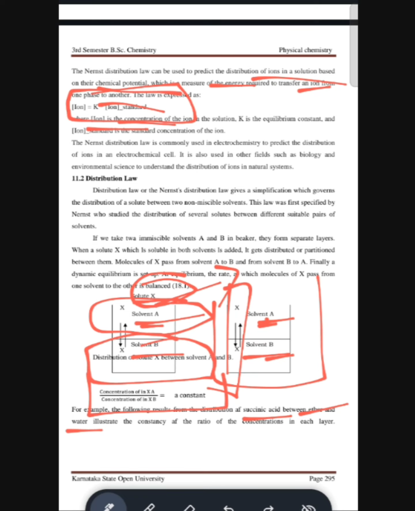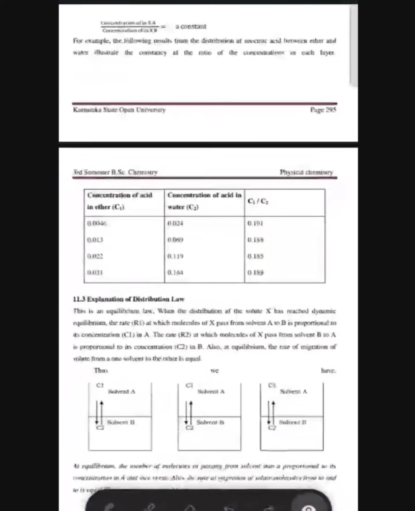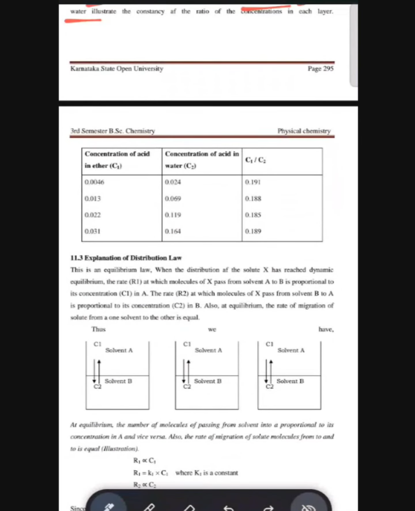So they have given a tabular column here: the concentration of acid in ether, these are the concentrations present after adding succinic acid, and the concentration of acid in water.